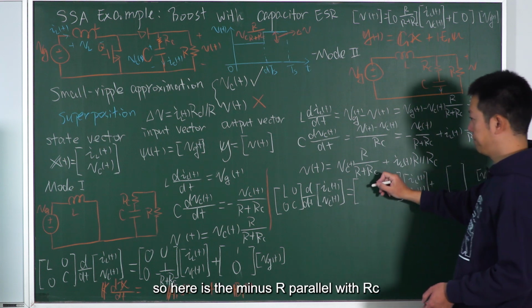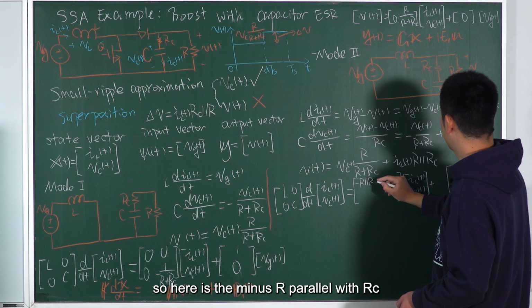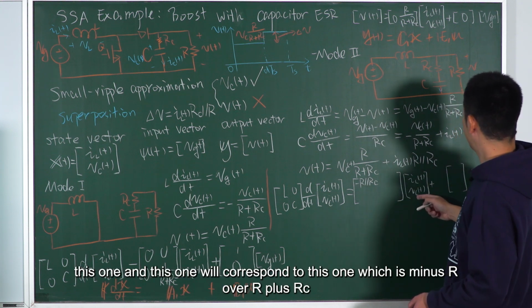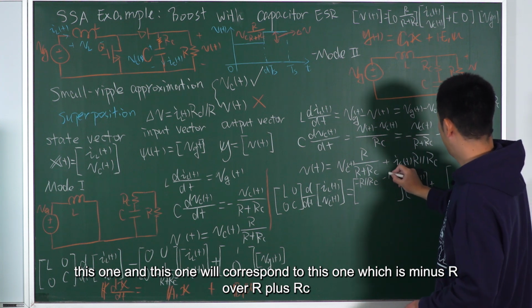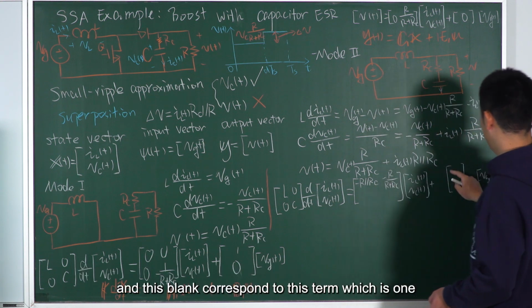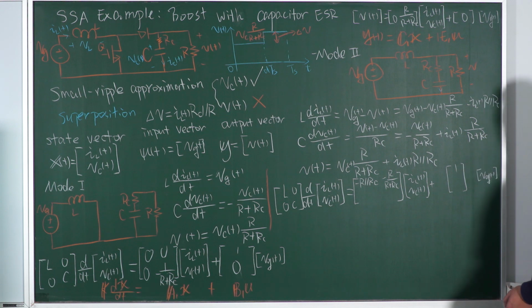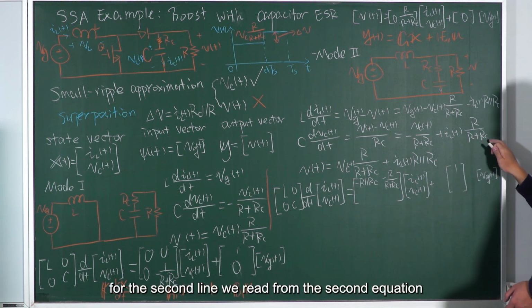So here is minus R parallel with RC, right? This one will correspond to this one, which is minus R over R plus RC. And this blank corresponds to this term, which is 1. For the second line, we read from the second equation, right?